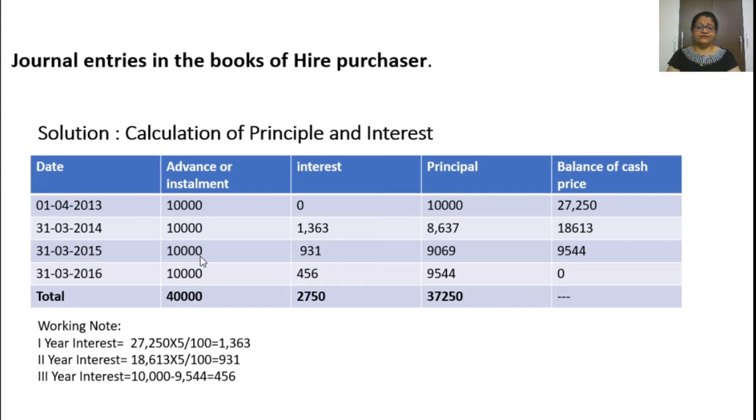Again, in the same way, installment amount minus interest is the principal. So from this balance deduct this principal amount, 9,544. In the last year you need not calculate with the rate of interest, you just take the difference. The principal amount outstanding is 9,544.